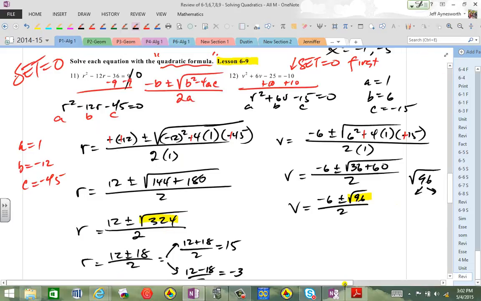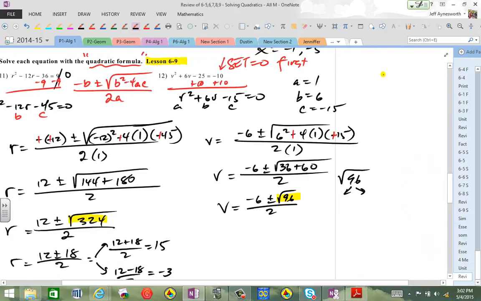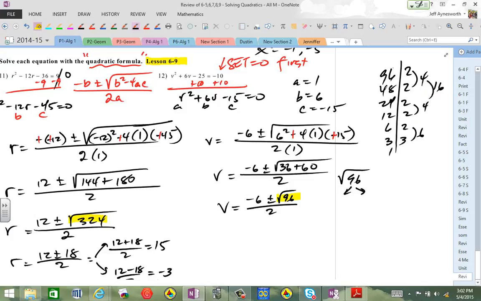So 96 divided by 2, 48 divided by 2, 24 divided by 2, 12 divided by 2, 6 divided by 2, 3 divided by 3, 1. I see 4 here, 16. This is 2 times 3 is 6, but it's not a square, but it's a factor. 6 times 16 is 96. So square root of 16 times 6, root 6, 4 rad 6.